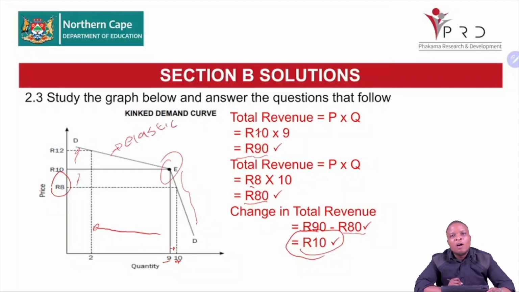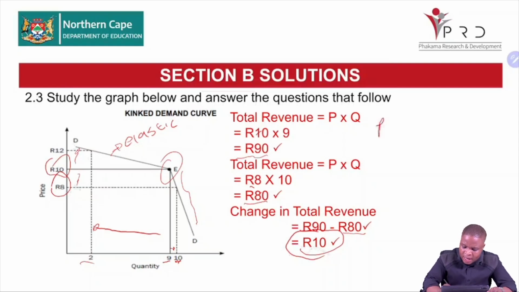Remember in grade 12 when you did elasticities, elastic means that there is response. People are responding. Yes, they used to like the certain product, but now if it increases the price so much, they start using the substitute because the prices are too high. So increasing of price will have a negative impact on revenue. Decreasing of price has a negative impact on revenue.